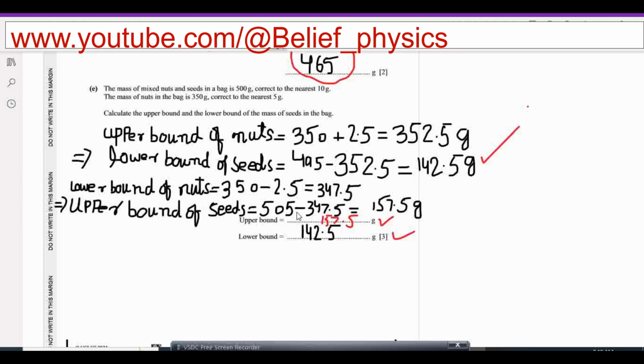So 505 minus 347.5 is 157.5. So the upper bound of seed is 157.5, and the lower bound of seed is 142.5. That's it.